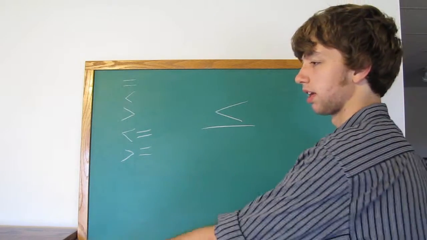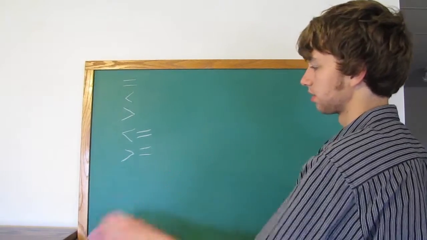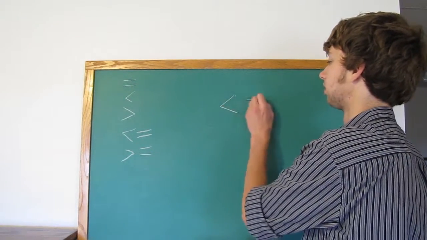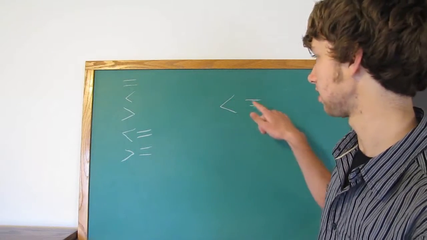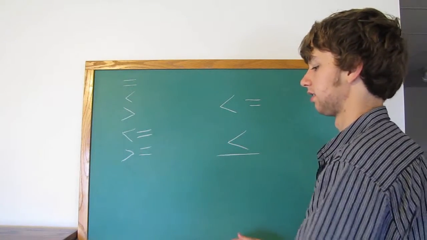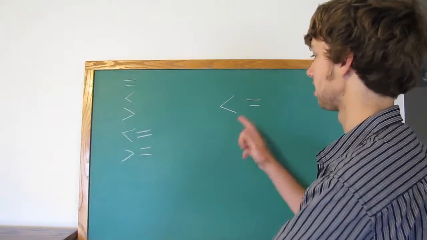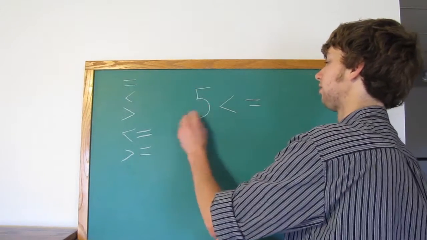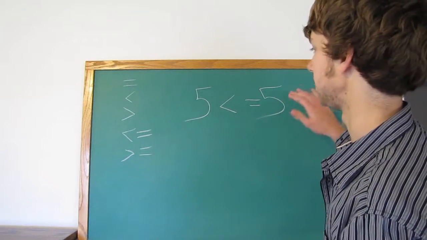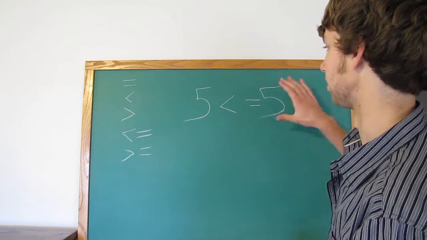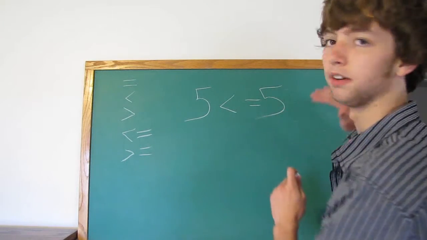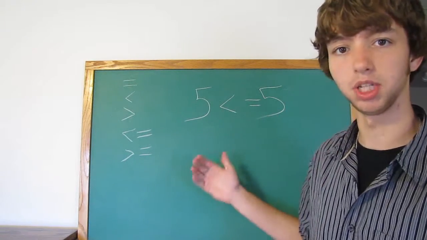When we're using MySQL or many other programming languages, it's written as less than and then an equal sign, like that. This is because we don't have a character that looks like that. So when you see this, it means less than or equal to. So 5 is less than or equal to 5, and that's true. And this could be anything that is greater, so 5 is less than or equal to any number 5 and higher, because it can be equal to 5.